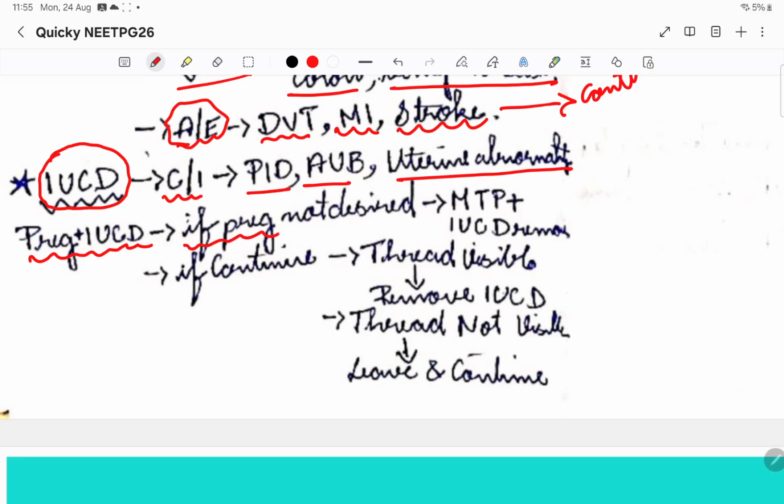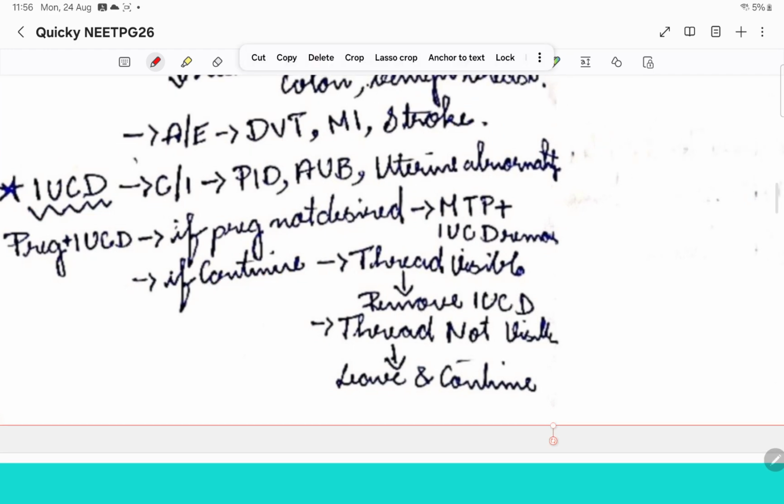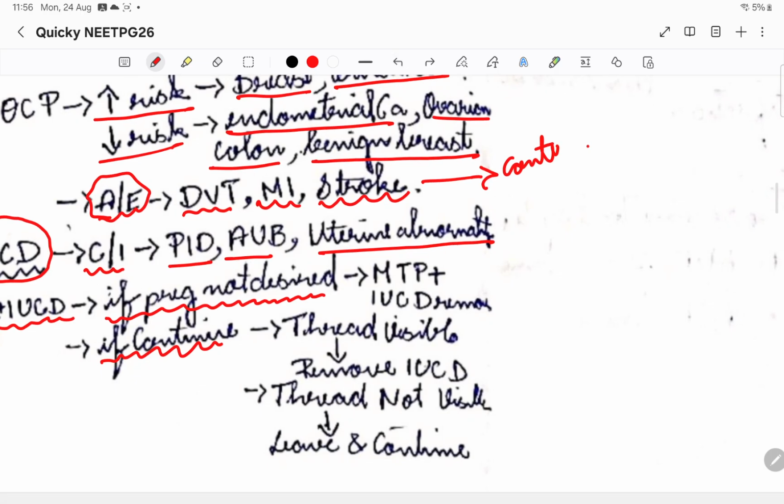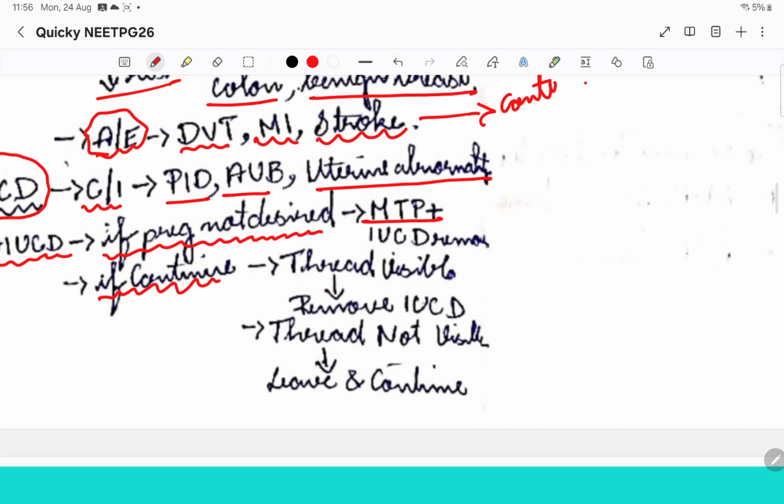We'll ask the patient whether the pregnancy is desired or not. If it is not desired, we'll do MTP, medical termination, based on whichever date she has come in, and then we'll remove the IUCD, because that is a failed IUCD.